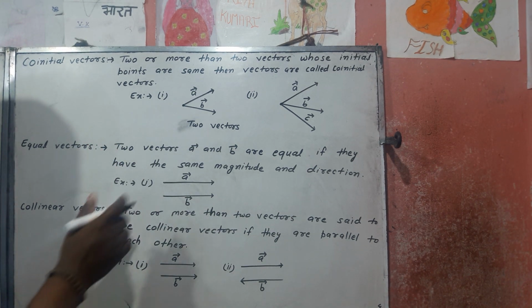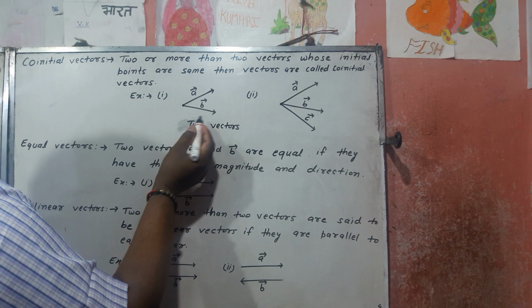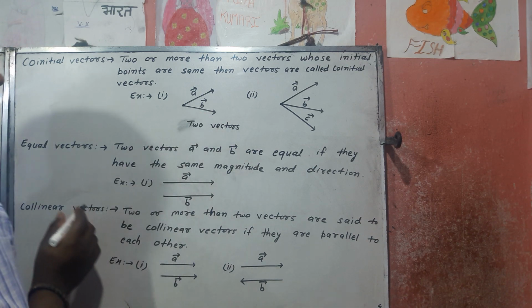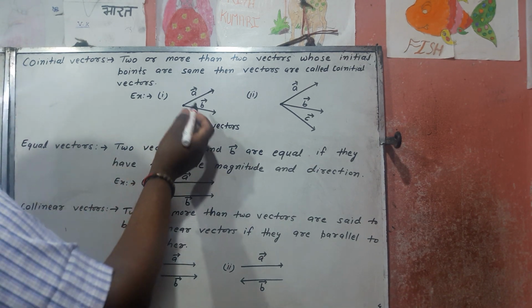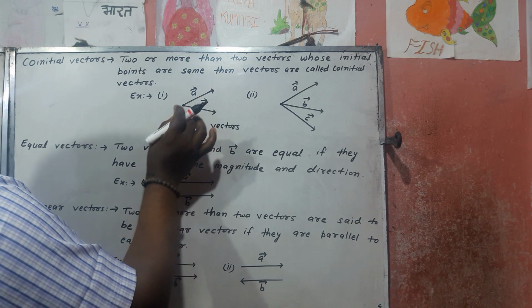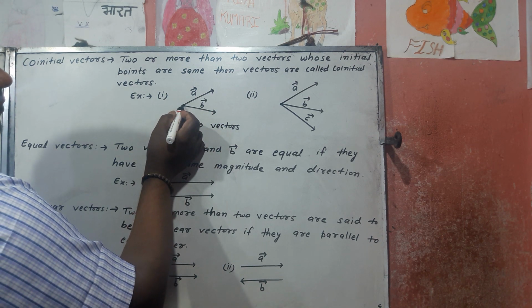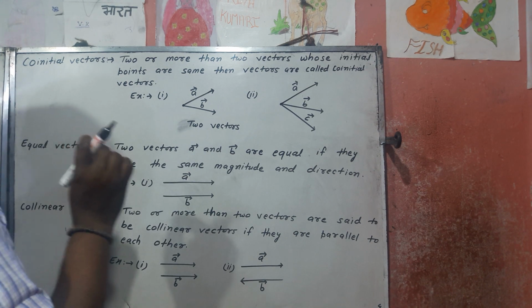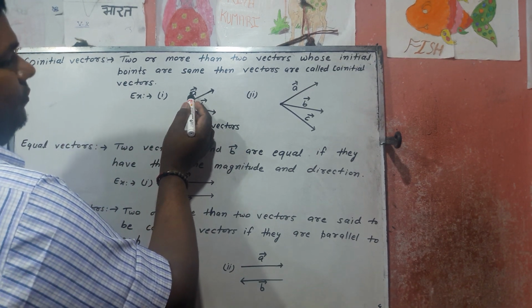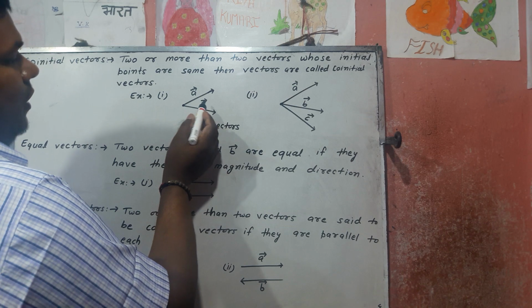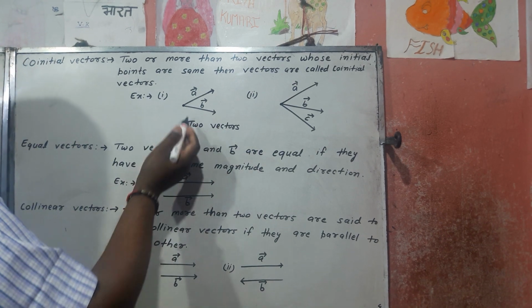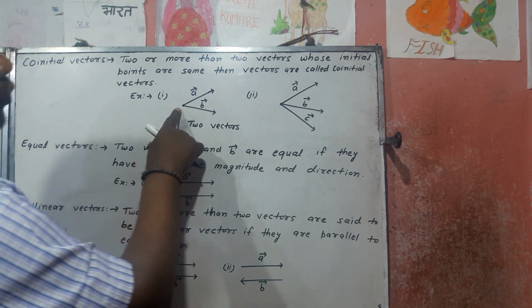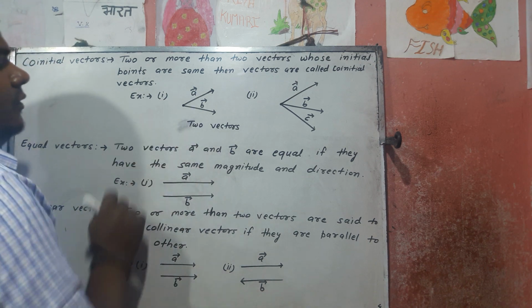It means A vector and B vector have same initial point. So given vector A, vector B are co-initial vectors.